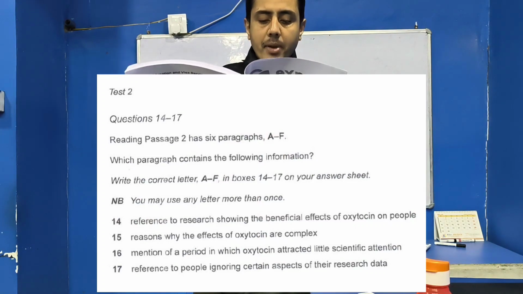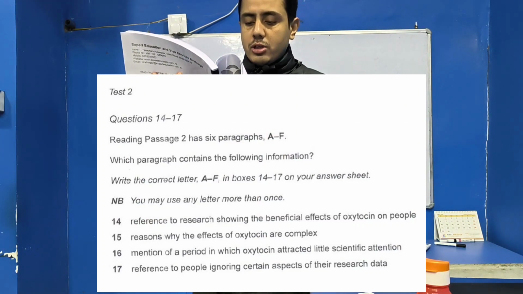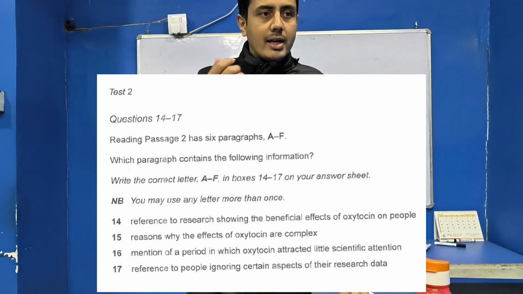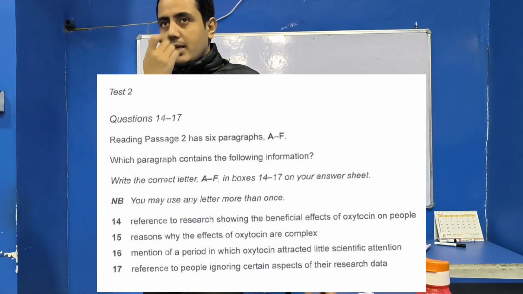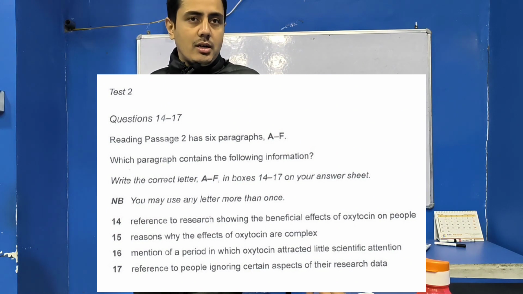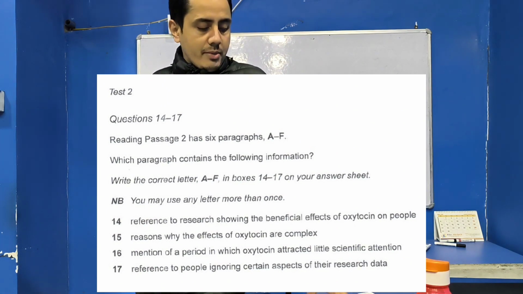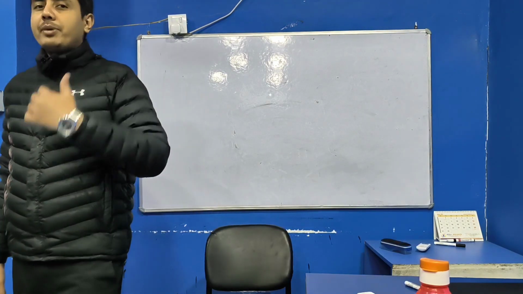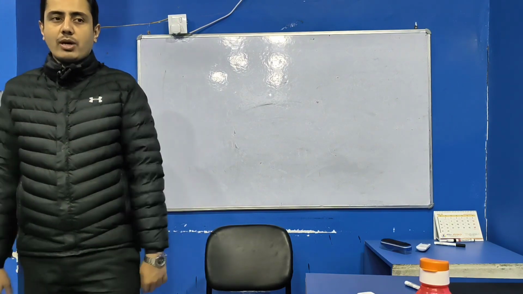Number 16, mention of a period in which oxytocin attracted little scientific attention. Little means very less. So scientists did not pay attention to this hormone called oxytocin, and it says reference to a period, a time period. Now, can you give me some names of time periods? How do we say time period? Like, what would be a time period?